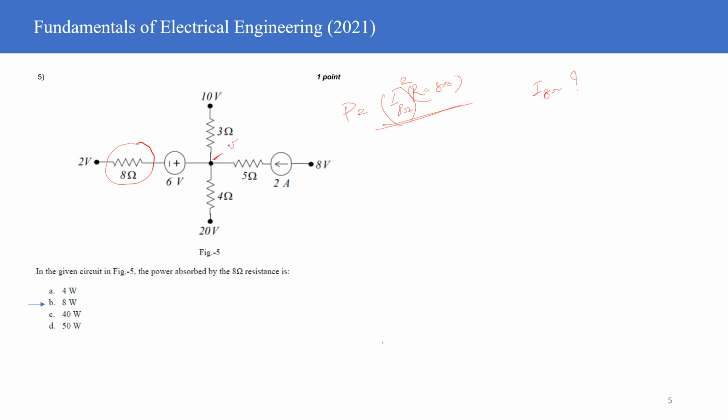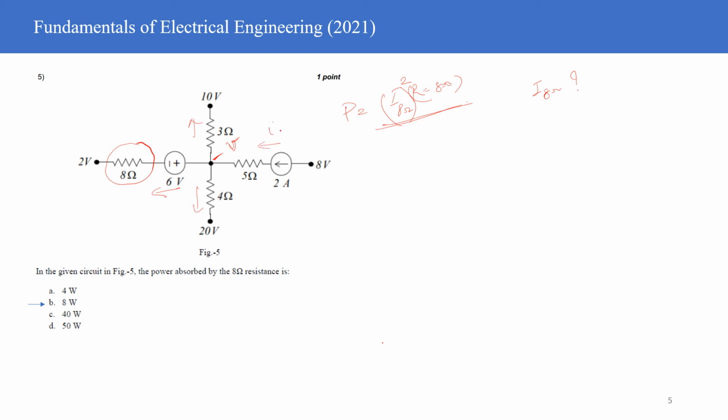So the easiest, apparent thing is to write the KCL at this particular node. You take the node voltage as V and proceed from there. Let me say the current will be flowing like this, like this, like this, and like this.